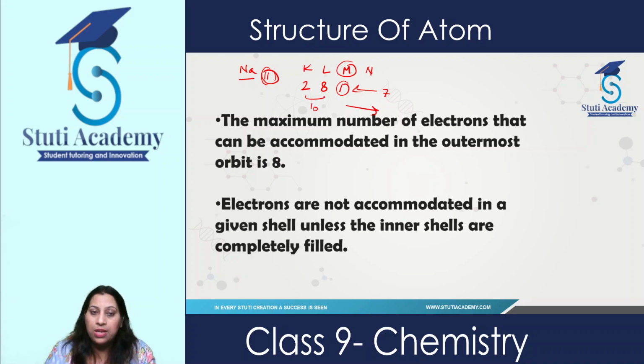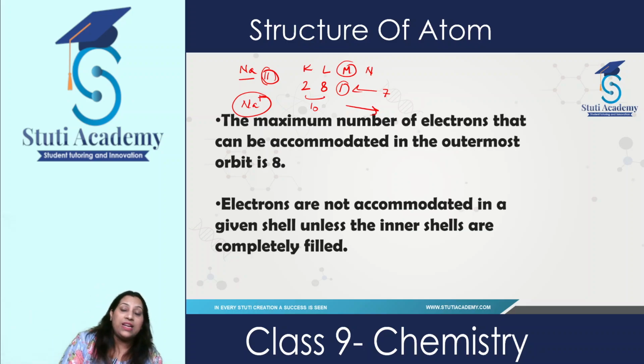So for the easier one, we always go for the easy task, and here it loses 1 electron. If it loses 1 electron, it attains a positive charge. Okay. So if an element loses electrons, it has a positive charge. If it gains electrons, it has a negative charge. So here it is losing 1 electron.